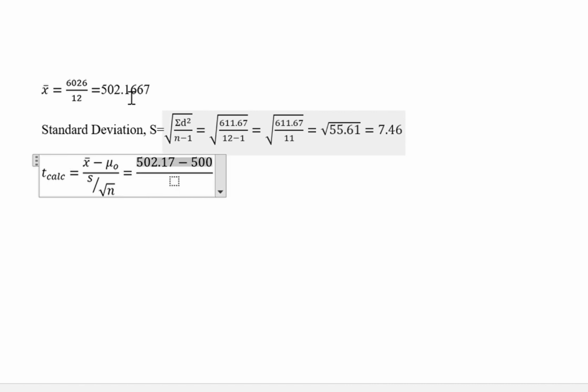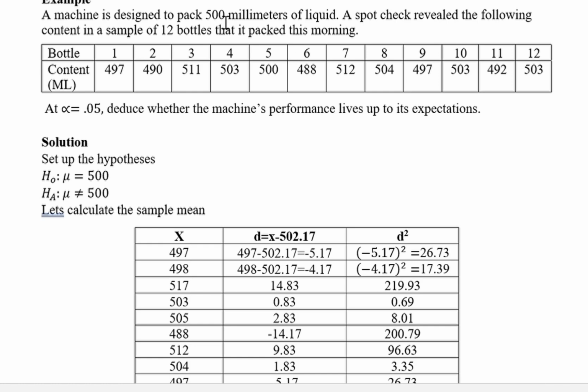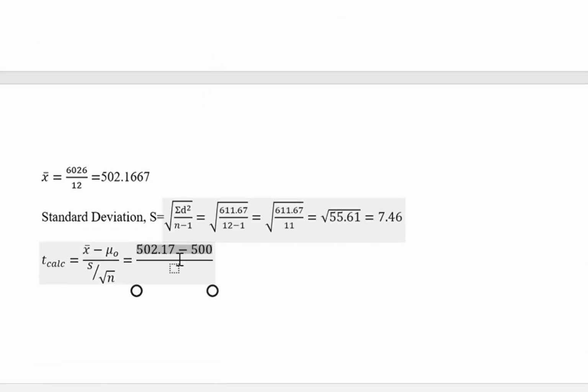We have rounded it off to 2 decimal places, minus the population mean, which we have been given here, over S, the standard deviation, which we have just calculated and found to be 7.46, over root n. Root n means the square root of the sample size.